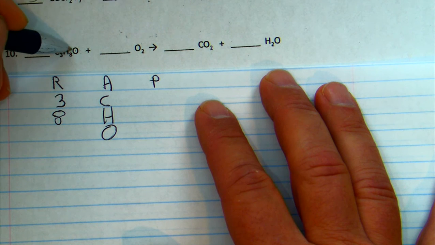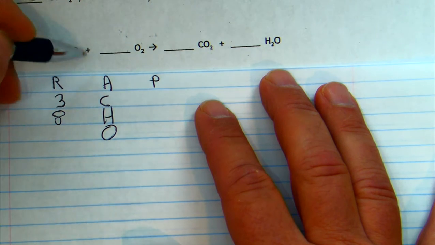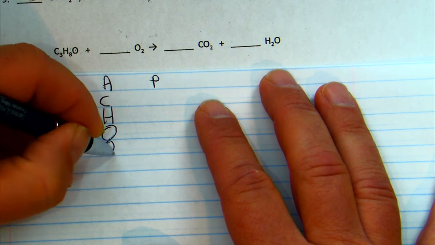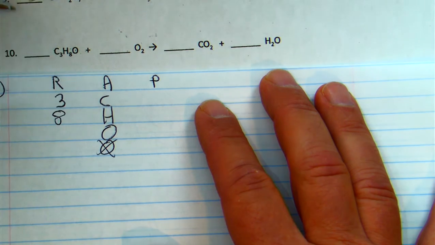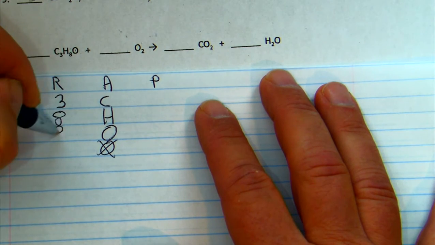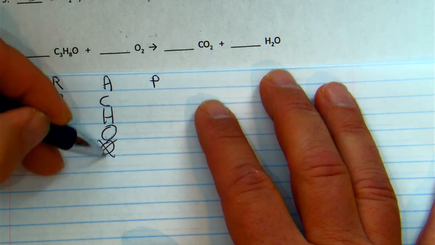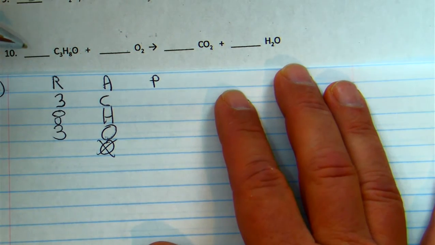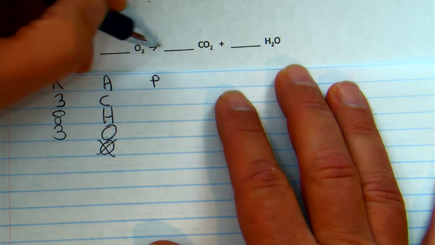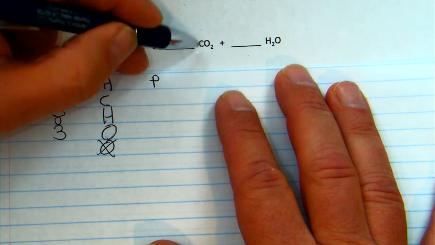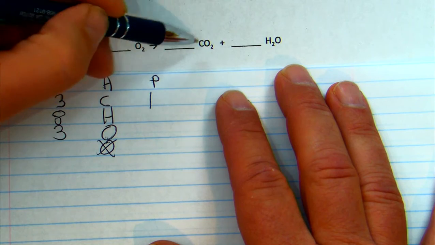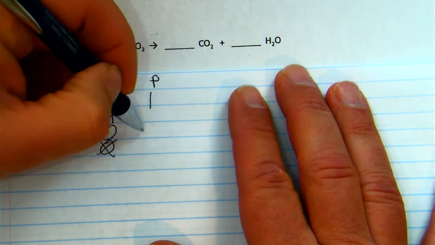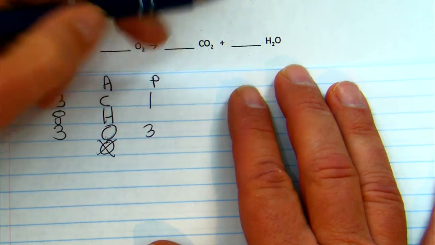Maybe I should count the O's and the O2s separately. Interesting idea. Not going to do it. So I have 3 oxygens on the left. And by the way, you try this. It might work better for you. I'm just going to do things foolishly. On the product side, I have 1 carbon, 3 oxygens, and 2 hydrogens.